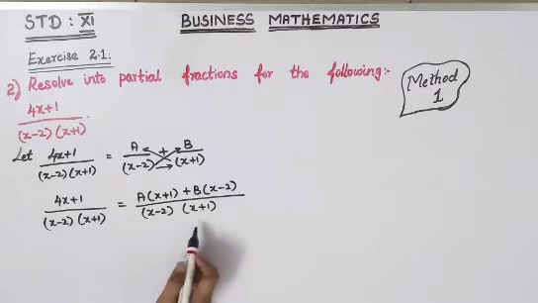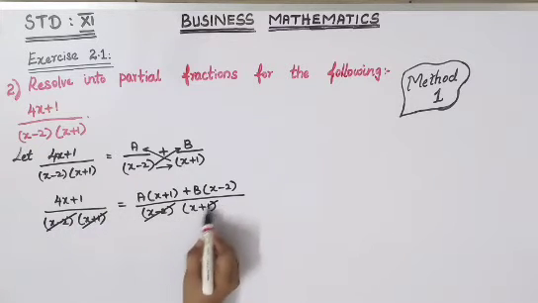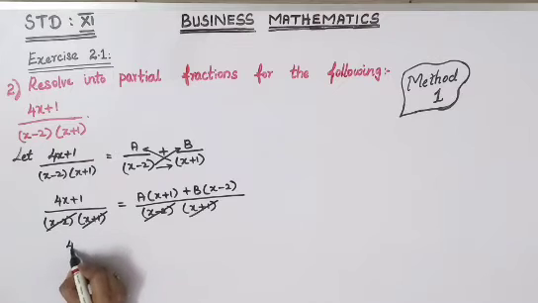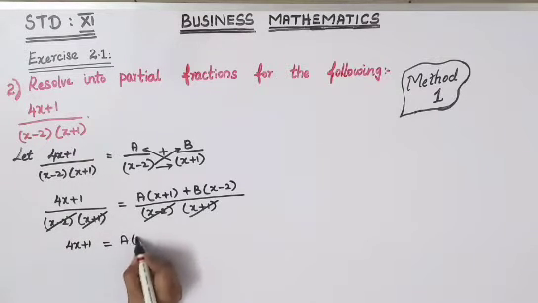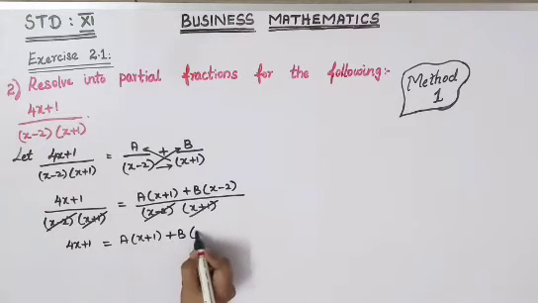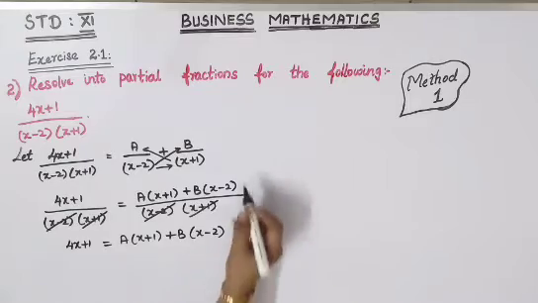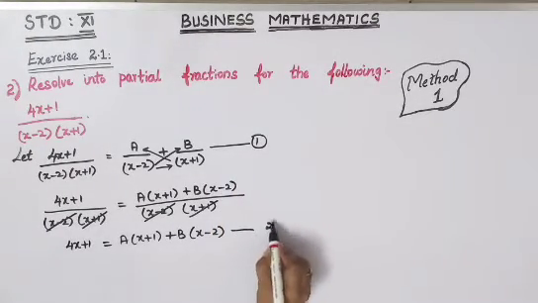So now you can see that both the denominators are the same, so you can just cancel it. So the left out part will be 4x plus 1, which is equal to a into x plus 1 plus b into x minus 2. So I'll just mark this as equation 1 and this as equation 2.